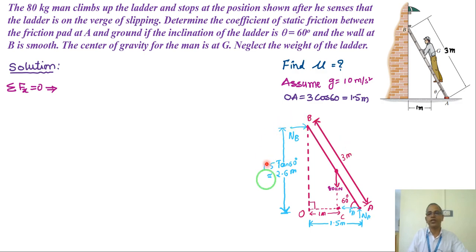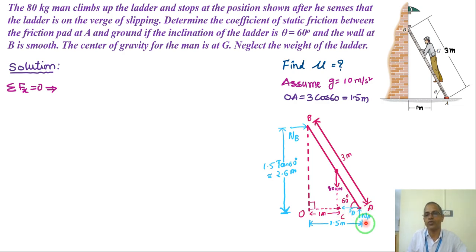So now let us use these 3 equilibrium equations that we need to use for the ladder problem. One is summation Fx equal to 0. So all the forces in x direction equal to 0. What is the x direction force here? Look at here. The ladder is having a tendency to slip. That means it may go in this direction, horizontal right side, right? Then movement is right hand side, so friction force is left hand side. So there are 2 forces here.